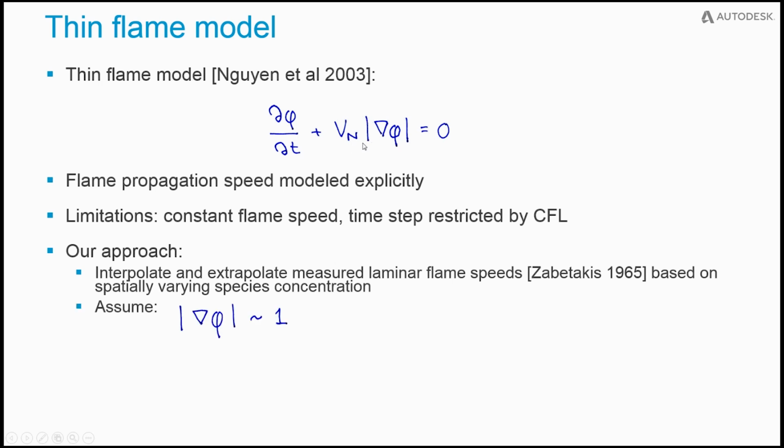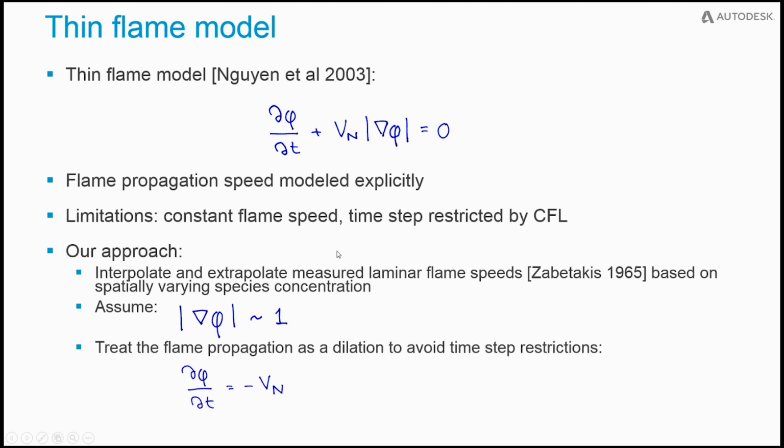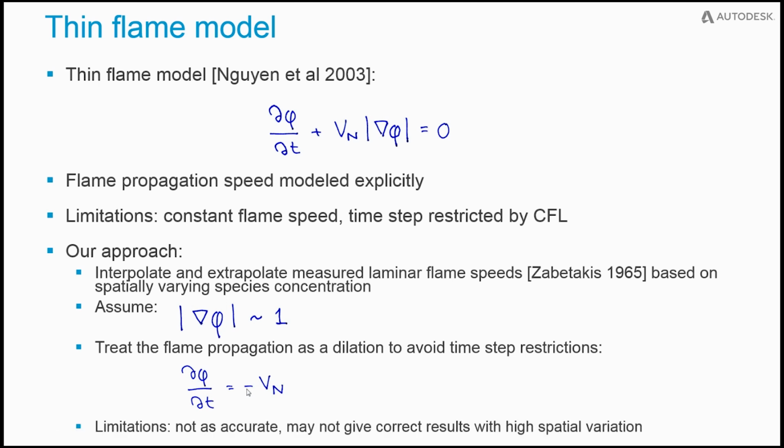Furthermore, we assume that the norm of the gradient of phi here is 1, which it is up to some truncation error for distance field that we've computed numerically. And then we move this term to the right hand side and we arrive at this equation, which is a lot simpler, and it's just a dilation essentially. So the thin flame is propagating by means of a dilation. Of course, it's not as accurate and it may not give fully correct results if you have high spatial variation in the flame propagation speeds.